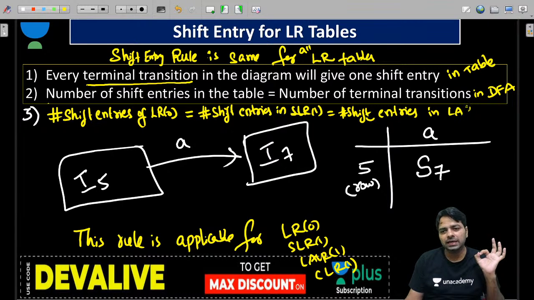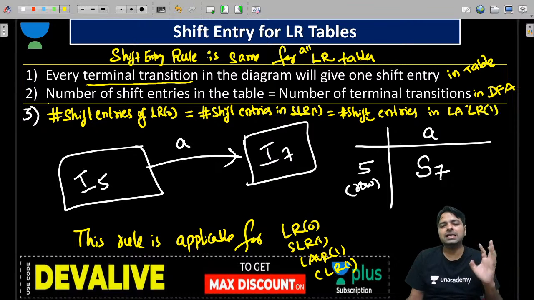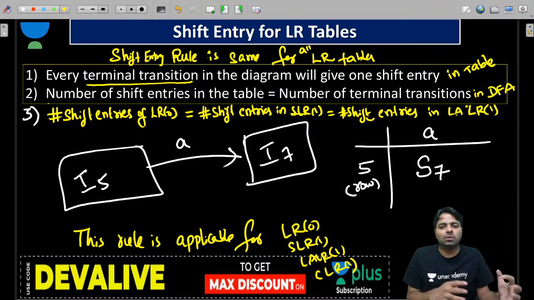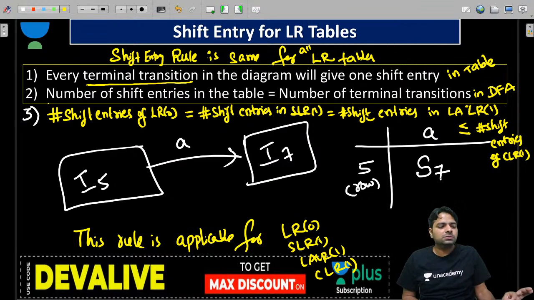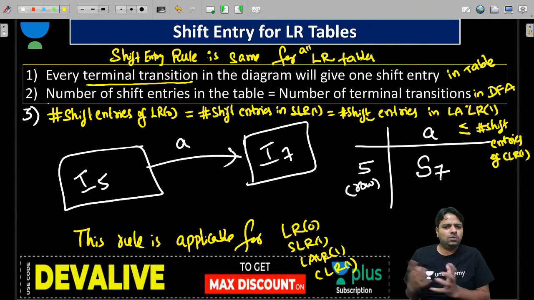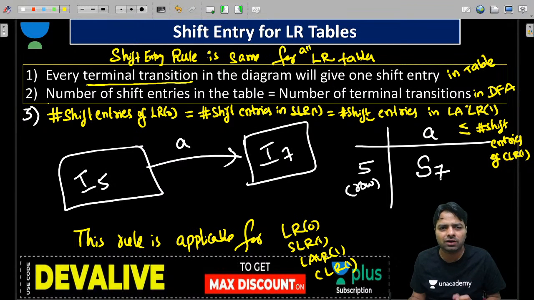Then how is this related to CLR1? CLR1 may have more or equal. And all of these are less than or equal to the number of shift entries of CLR1. So this is the first principle that you should remember, and while drawing it we will see it, guys.